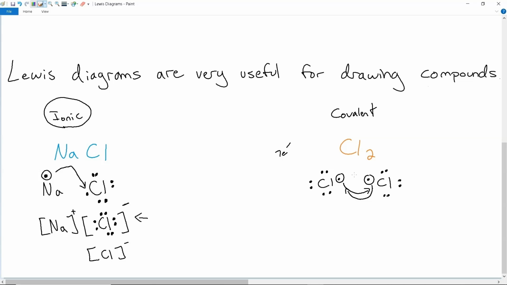And the way we can represent that using Lewis diagrams is just by a straight line that would connect our two elements. So if I were to rewrite this, it would look something like this.